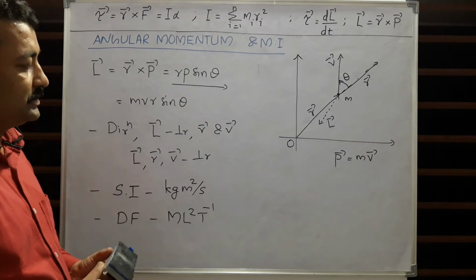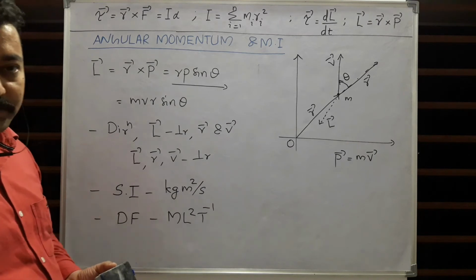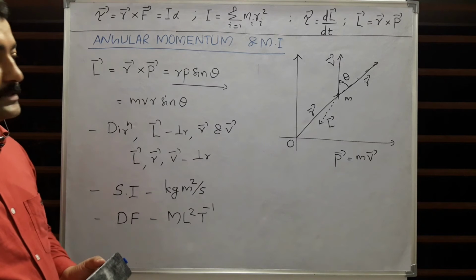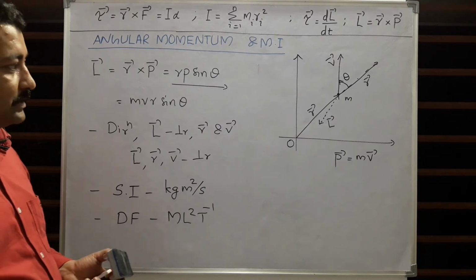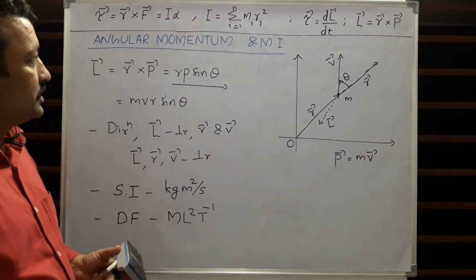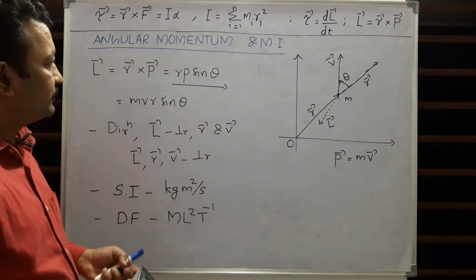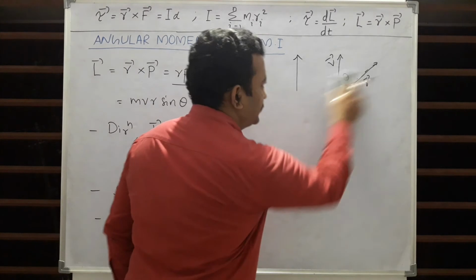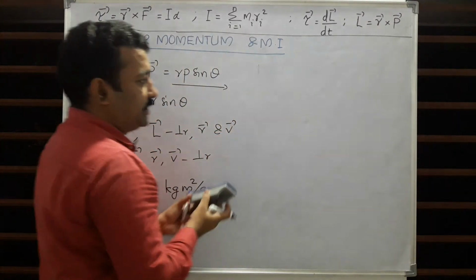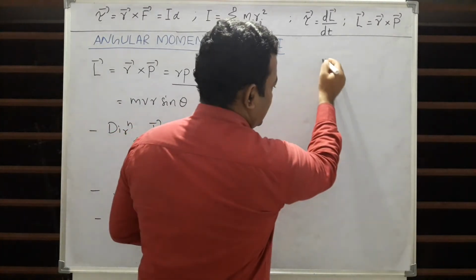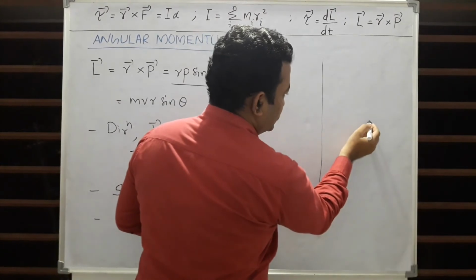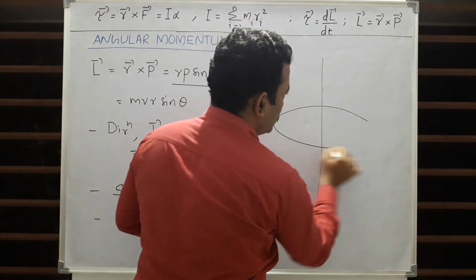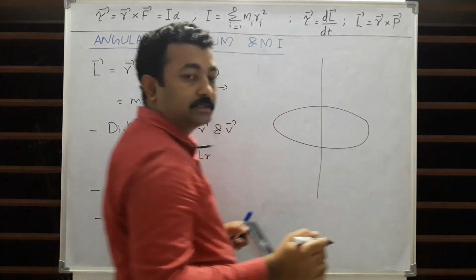Now we are going to extend this to the case of a single particle and a system of particles, and we will see how that can be defined in terms of moment of inertia. So let us take the case of a single particle which is rotating about an axis, just like we have considered in the case of moment of inertia of a single particle.